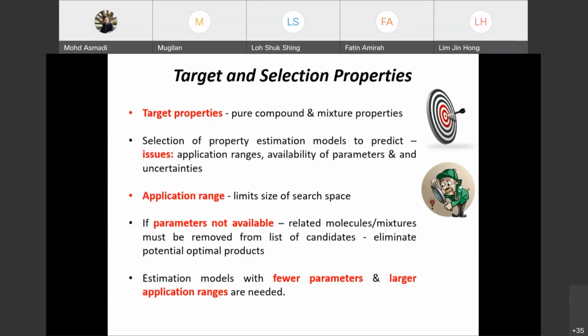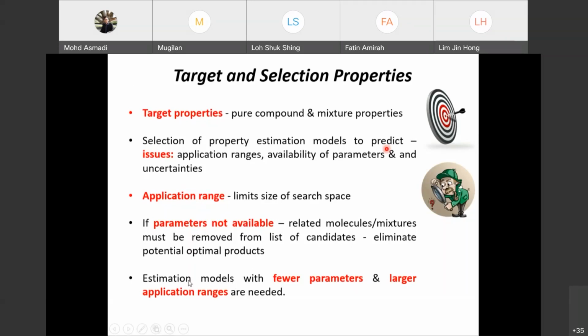If there is uncertainty, or a parameter is not available, we can remove it from the list of candidates and eliminate it as a potential optimal product.